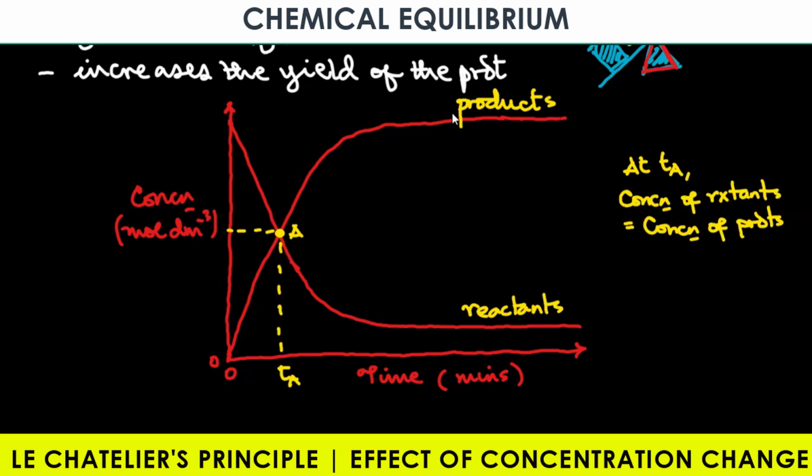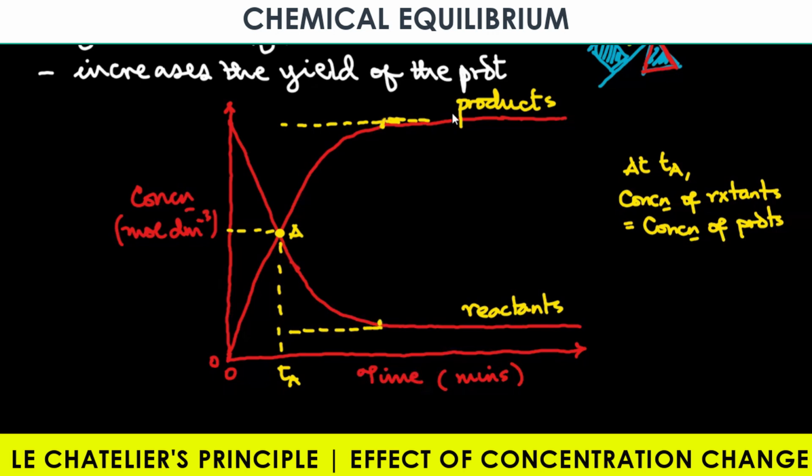You can see that after this point A, the concentration of the reactant kept decreasing, while that of the product kept increasing. So that cannot be the point of equilibrium. The point of equilibrium is where they became horizontal.